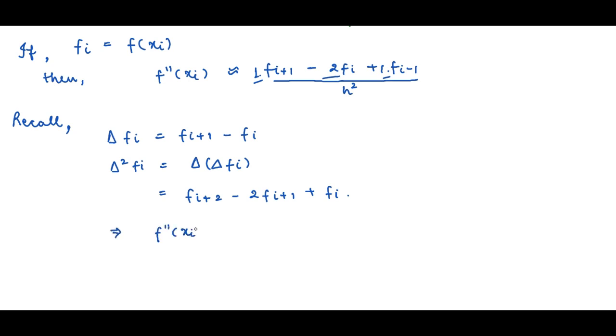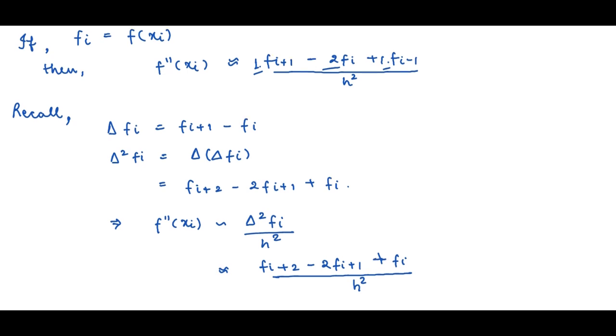For equally spaced data, f double dash xi is approximately delta square fi divided by h square, or explicitly fi plus 2 minus twice of fi plus 1 plus fi divided by h square. The truncation error of this basic forward formula is of order h, so it is first order accurate.